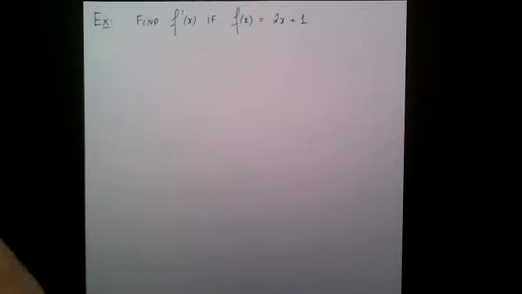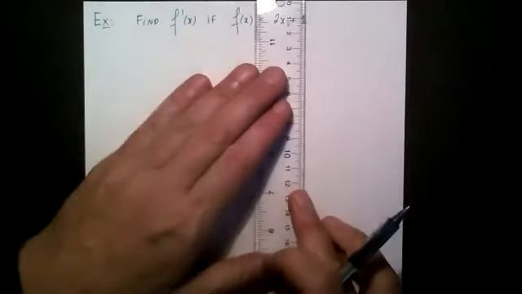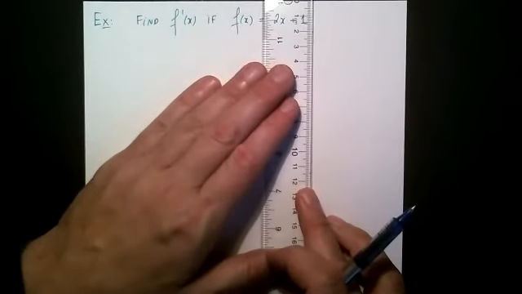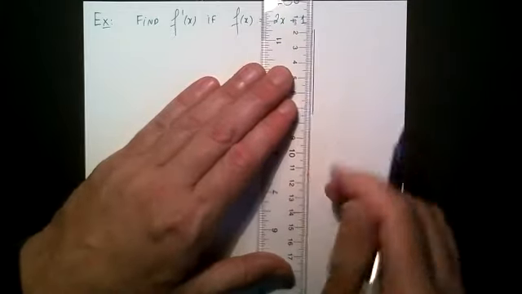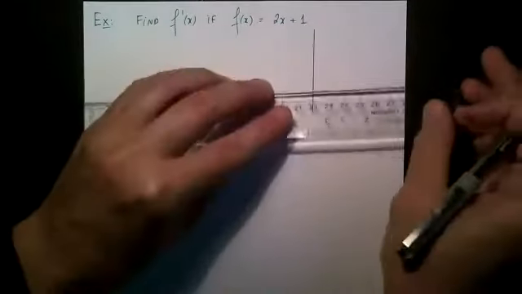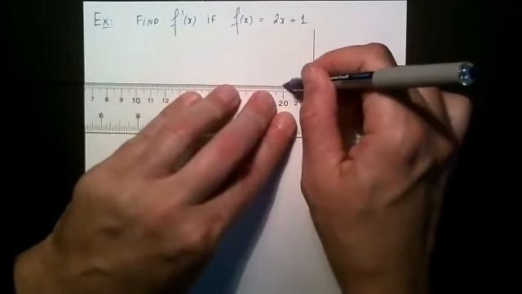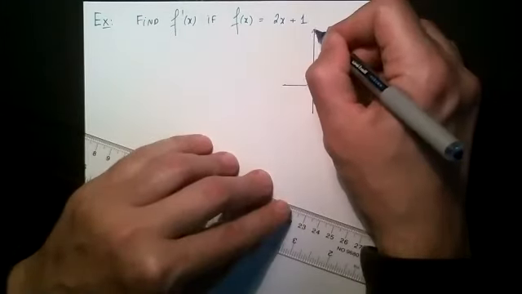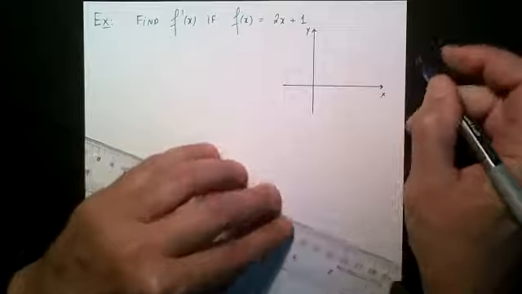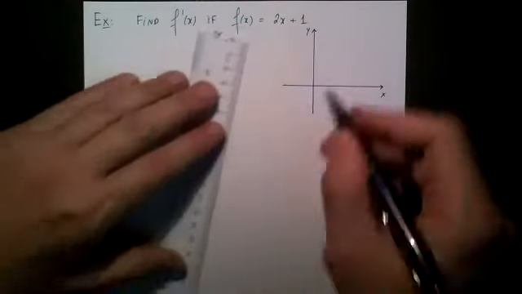So what's going on here? f of x equals 2x plus 1. This is just a straight line, right? We know that y equals 2x plus 1 is a straight line. What does this line look like?